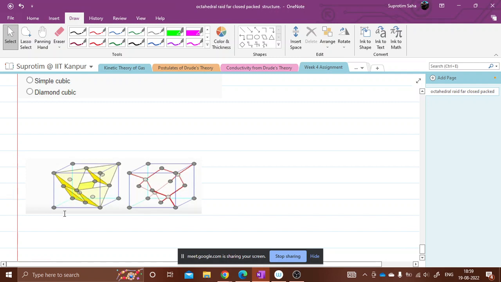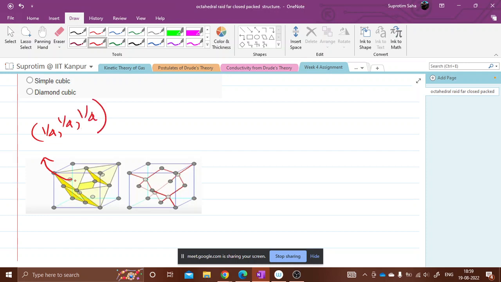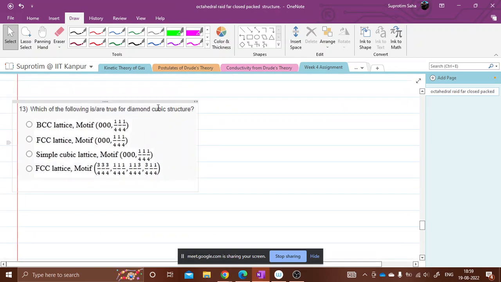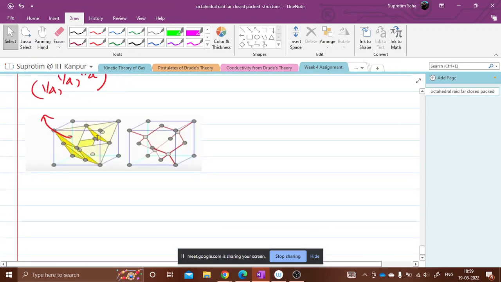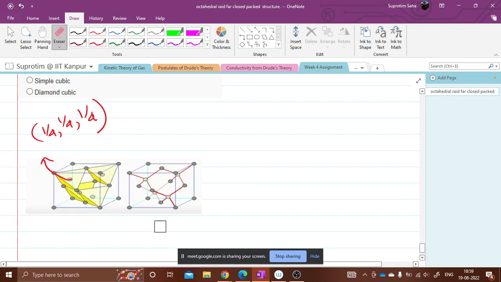These dark gray atoms sit at the corners and also at the face centers, and there are also atoms at the tetrahedral voids, at 1/4, 1/4, 1/4. So this is an FCC lattice with motif at 0, 0, 0 and 1/4, 1/4, 1/4.